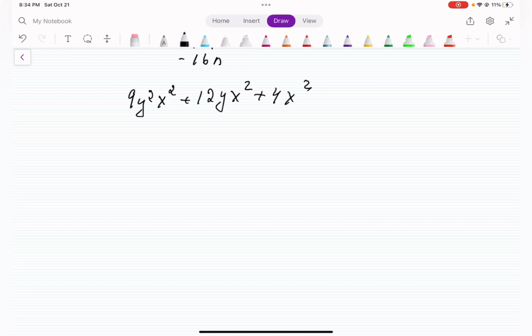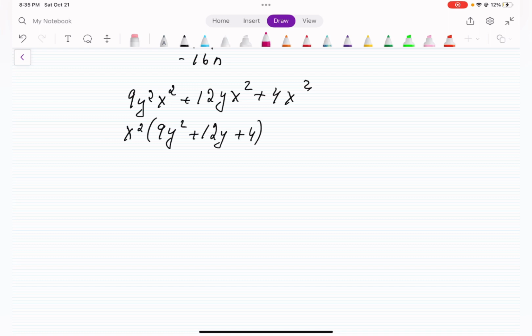Looking at y, 4x squared doesn't have y, so y is also out. I can't take out y as a common factor. X squared is in all three terms. So I'm taking x squared, and I have 9y squared plus 12y plus 4.